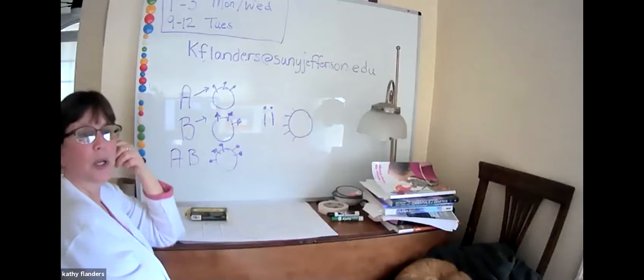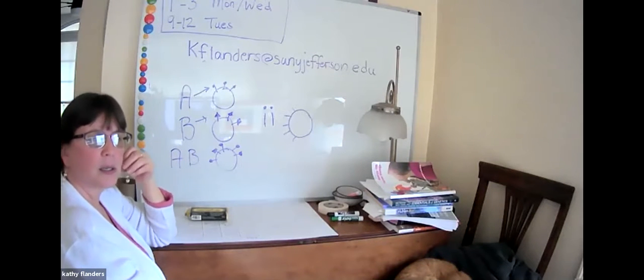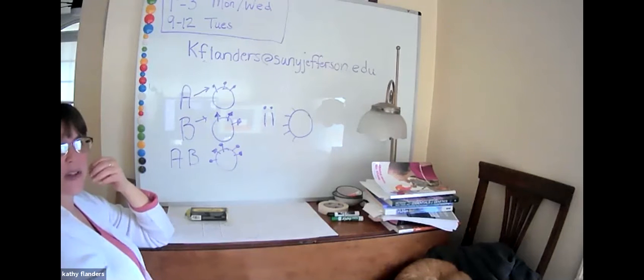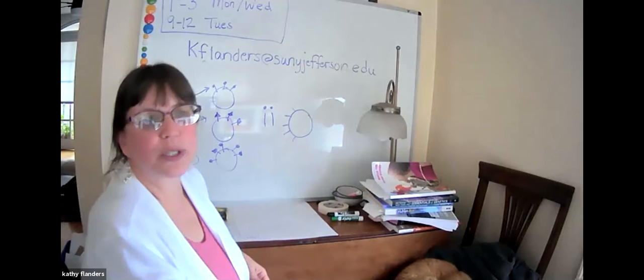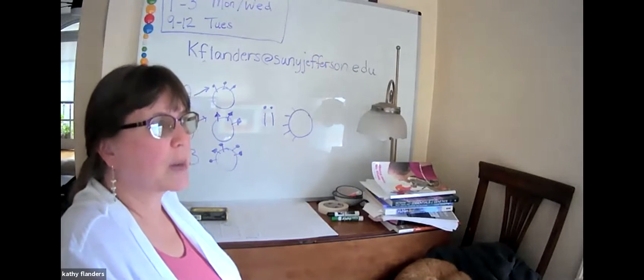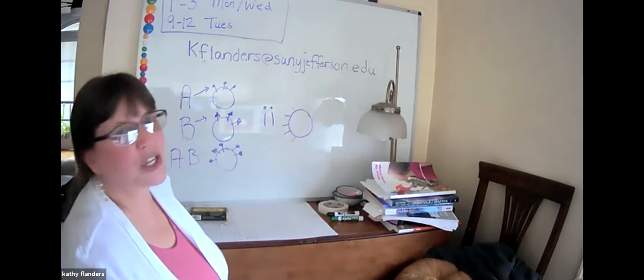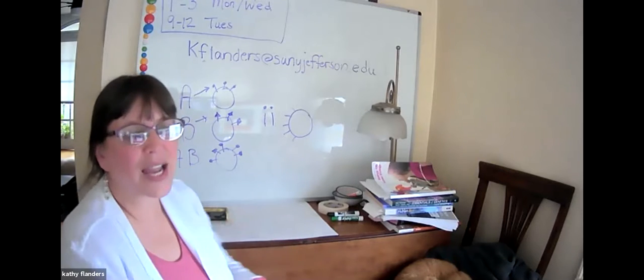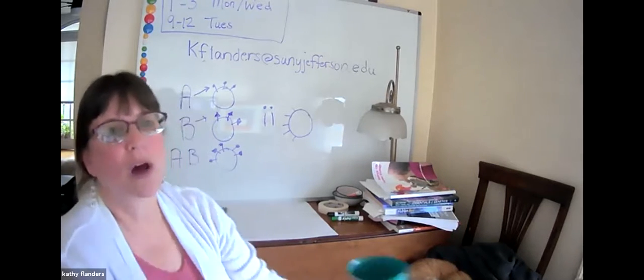Are there any other examples of codominance? Because I can't think of anything outside of blood type. I can't either, honestly. If I put something on the exam, it would definitely be blood type. There are other things I'm sure that are codominant, but I don't know that I know one off the top of my head.